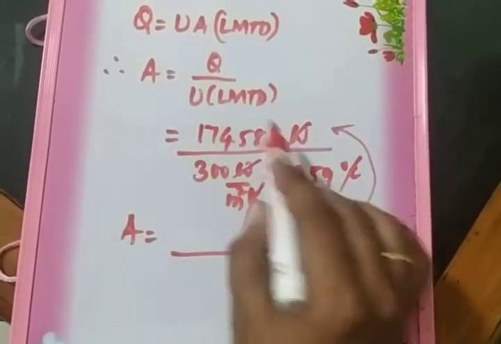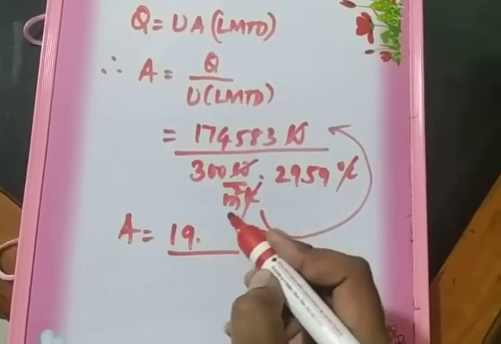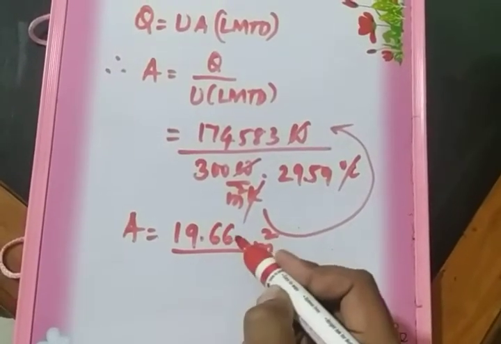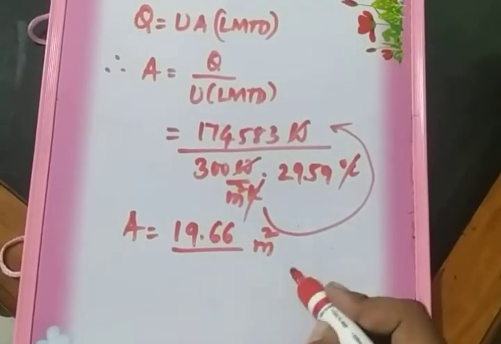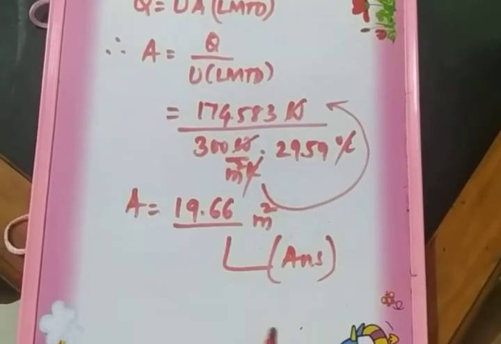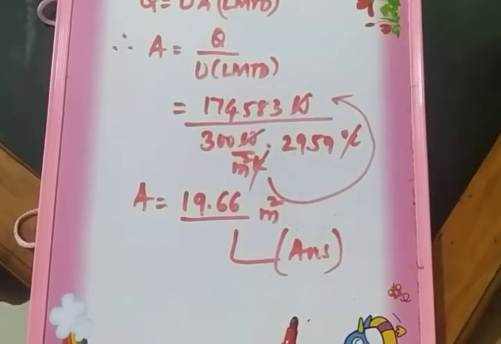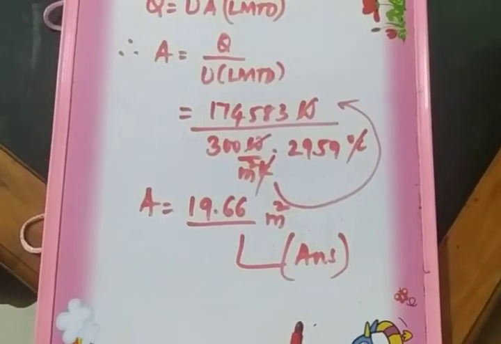Once you do the calculation, you will come to know that the area required for this heat exchanger is 19.66 meter square, which is the final answer. I hope this problem on counterflow heat exchanger is clear.